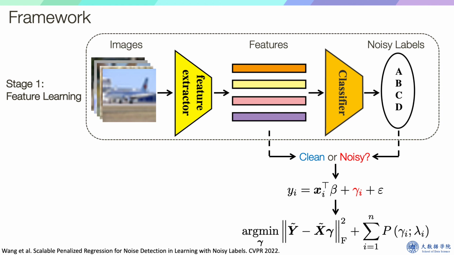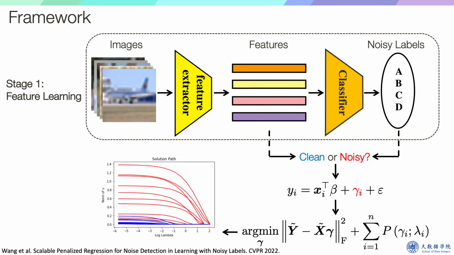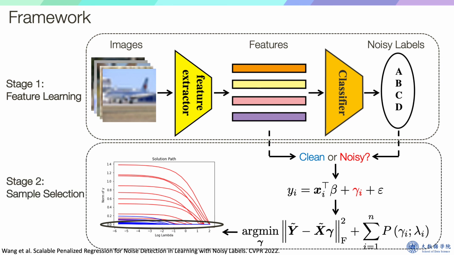We solve this linear model with a sparse penalty on the noisy data indicators. With a solution path, we rank the data by their selection time and remove the identified noisy data. This ends the second stage, the sample selection stage. Then we return to the feature learning stage and repeat the two stages iteratively until convergence.